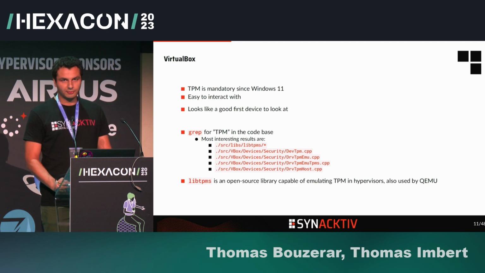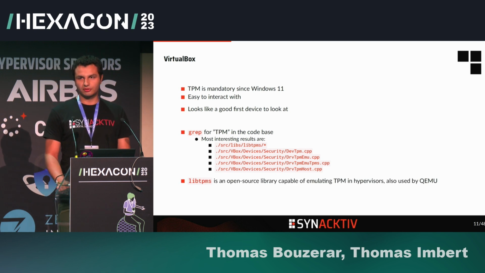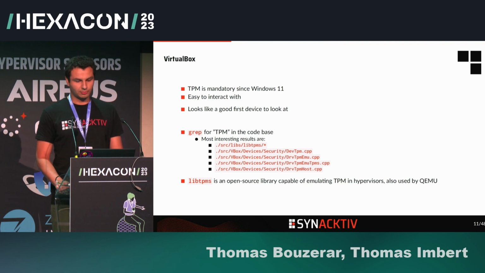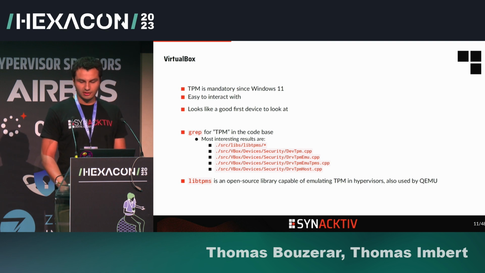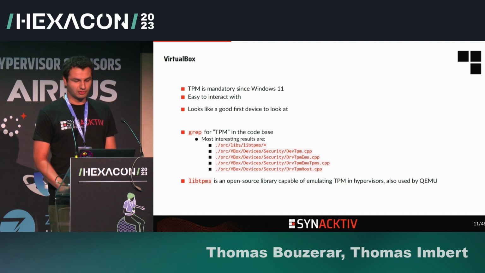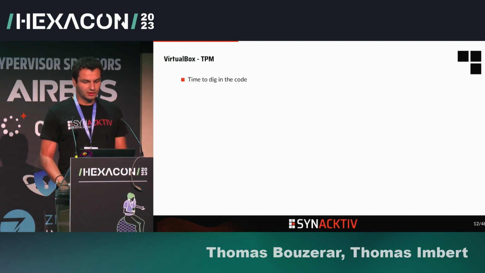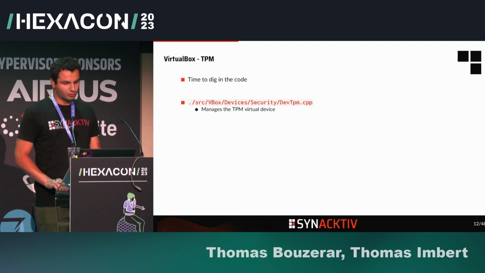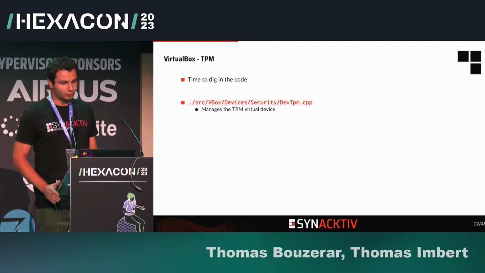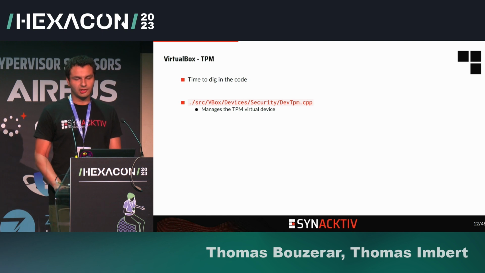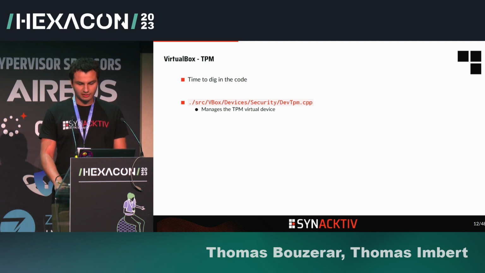First, we have libtpms, which is an open source library also used by QEMU. It's capable of emulating TPMs. Its main purpose is to be embedded in hypervisors. And now it's time to dig into the code of VirtualBox. We have the DevTpm.cpp file, which manages the virtual TPM from the VirtualBox side.